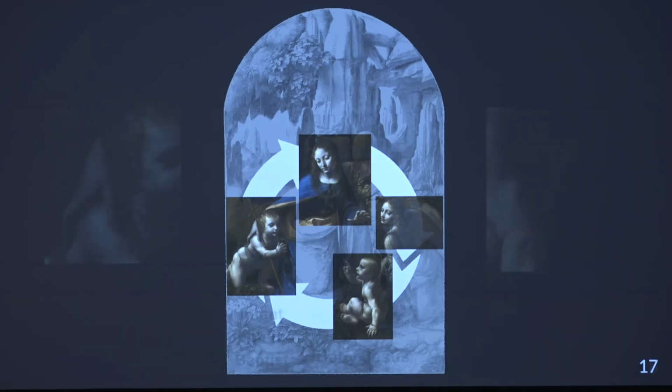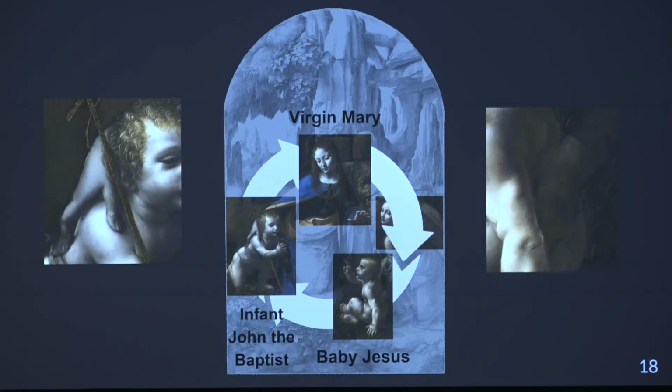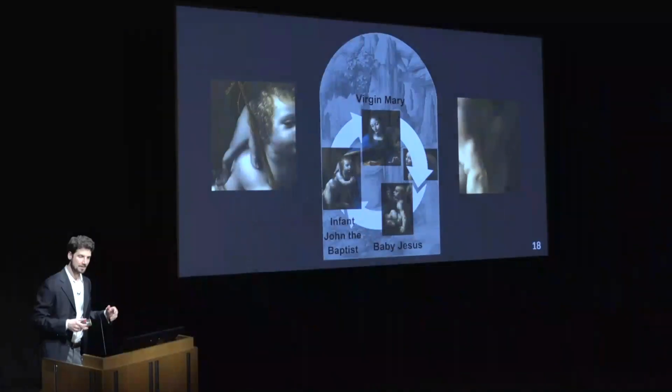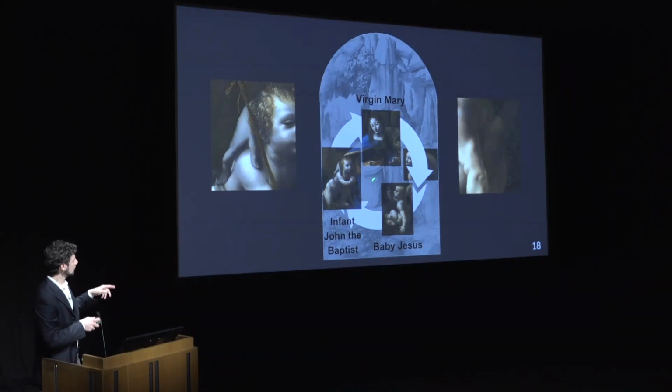I already identified for you all the people, but I want to start understanding the dynamic between these three. I want to leave the angel out of the picture for a moment. So the infant John the Baptist, baby Jesus, and the Virgin Mary. In particular, John the Baptist and baby Jesus have a specific moment in the religious history of the life of Jesus when they are together.